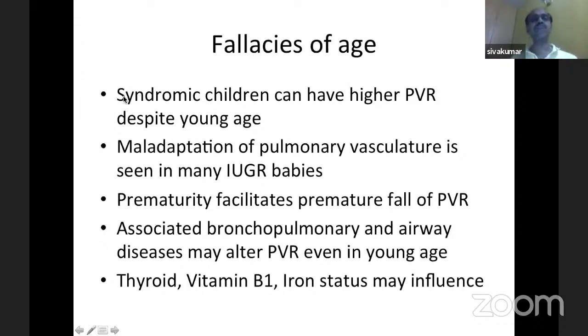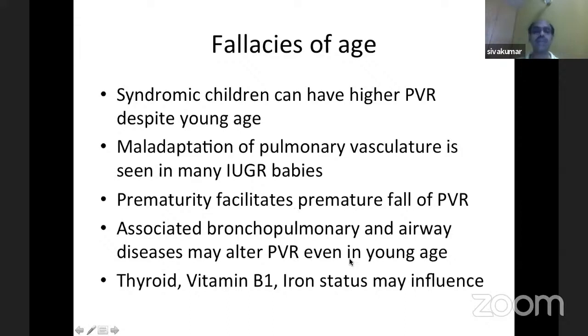Fallacies of age. Some of the young syndromic children can have very high PVR despite young age. Down syndrome at 6 months can have high PVR, and it does not mean younger age is operable. Maladaptation of pulmonary vasculature is seen in many IUGR syndromic babies. Prematurity facilitates very early fall of PVR, and so prematurity may cause a rapid fall in the PVR.